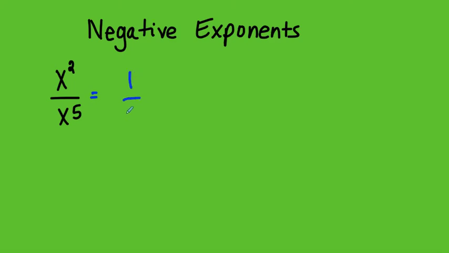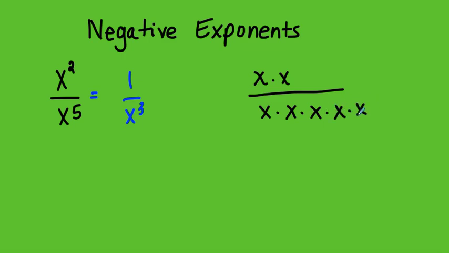So that would give me x cubed, right? And the reason we came up with that rule is because we realized that x squared is 2 factors of x, and x to the 5 is 5 factors of x. And so, again, these x's would cancel, these x's would cancel. We'd have to leave a placeholder 1 in the numerator, so we would get 1 over x cubed.